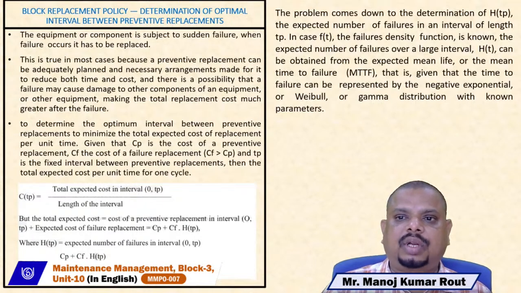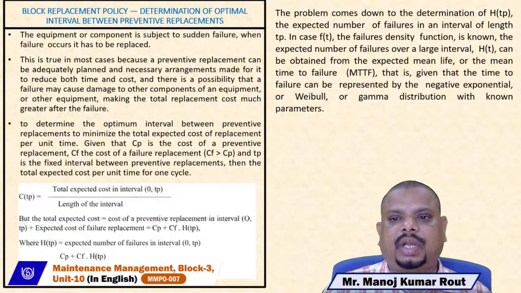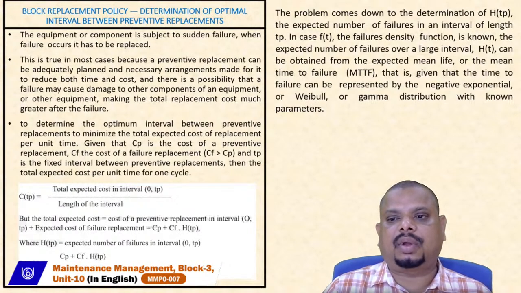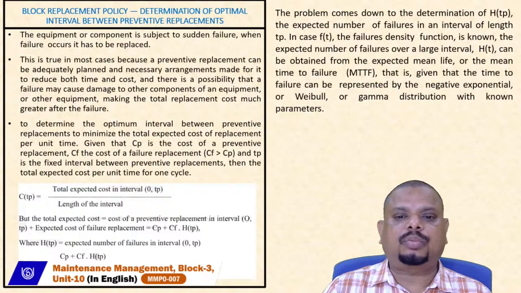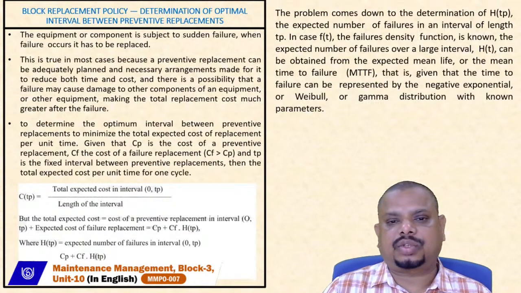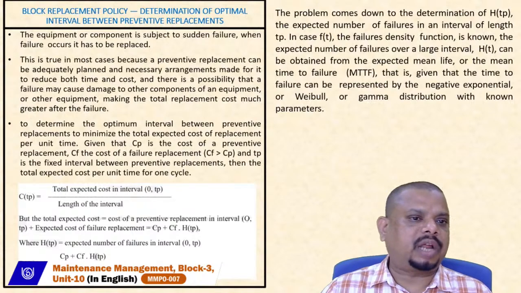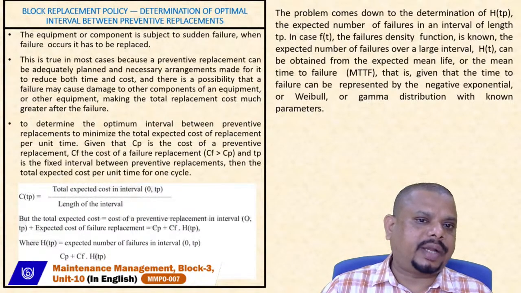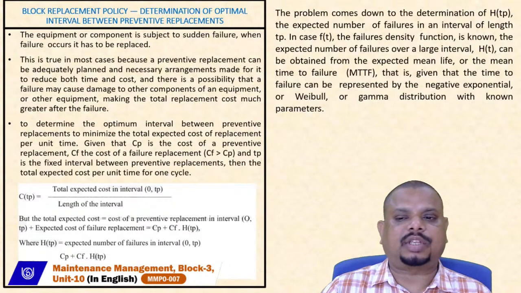So the problem comes down to determining the expected number of failures in the interval. If f(t), the failure density function, is known, the expected number of failures over a large interval can be obtained from the expected mean life or the mean time to failure, given that the time to failure can be written by a negative exponential, Weibull or gamma distribution with known parameters. So this is the Weibull and gamma distribution mathematical model applied for block replacement policies to identify the optimal interval between preventive replacements.